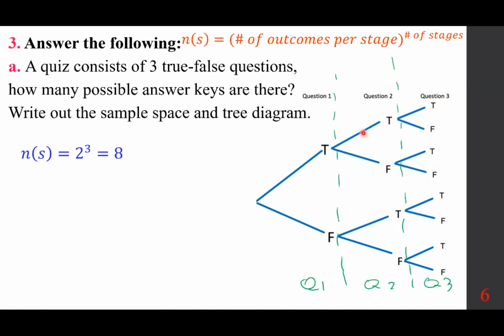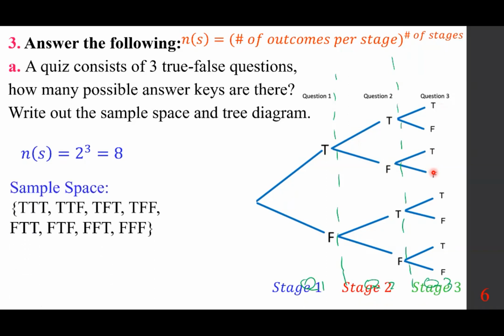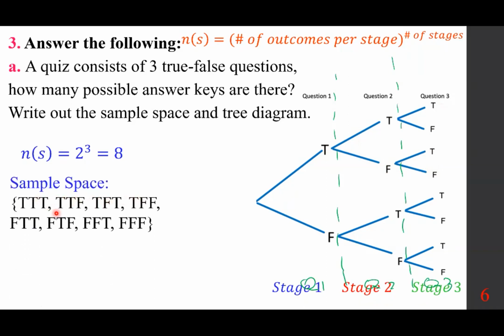So if we are reading this branch as an example, we would read a T, T, T. If we want to read this one, T, T, F. Then we go to this one, T, F, T, T, F, F. And that ends up giving us 1, 2, 3, 4, 5, 6, 7, 8, as expected. Different outcomes. Stage 1 or question 1, stage 2 or question 2, stage 3 or question 3.